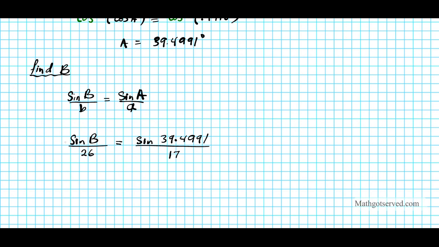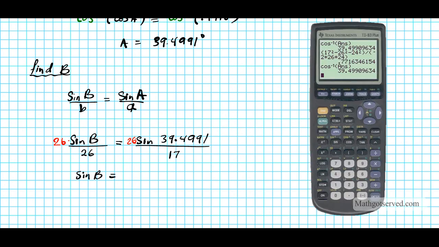Okay? To get sine B by itself, multiply both sides by 26. And then we have sine B equals, let's plug that into our calculator, in parentheses 26 sine, the previous answer, close the sine argument, close the numerator, divided by 17. And your answer is 0.9728.